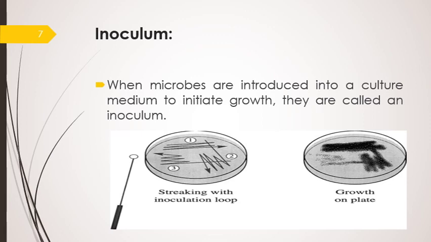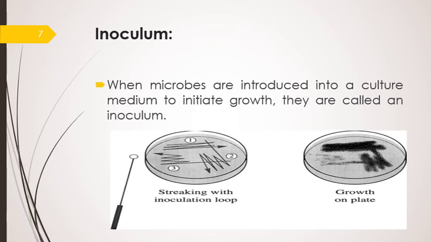So simply, when we have the microbes in either form, either in the form of spores, or in the form of mycelium in the case of fungi, or in the form of a colony in the case of bacteria, when we introduce such a source into a culture medium to initiate growth, we call it inoculum.